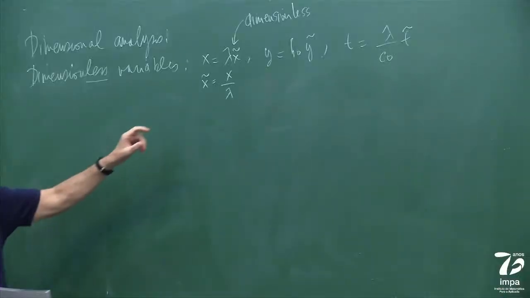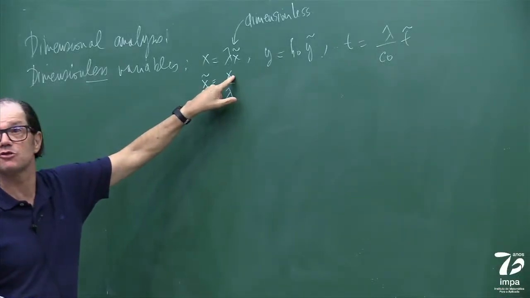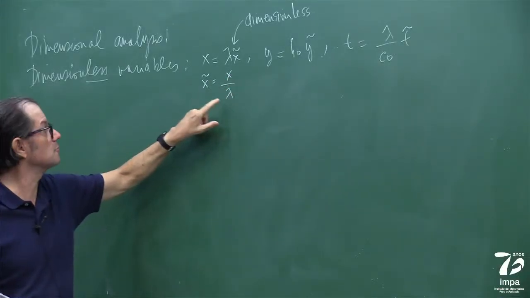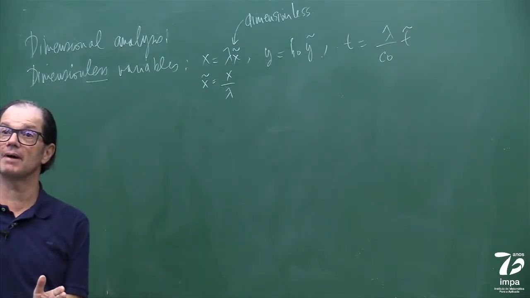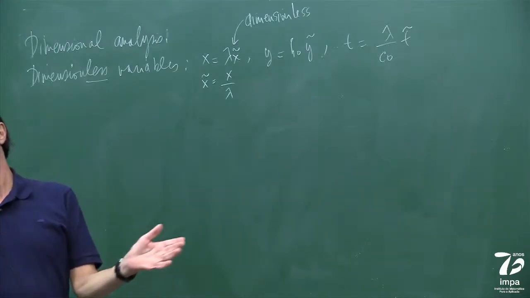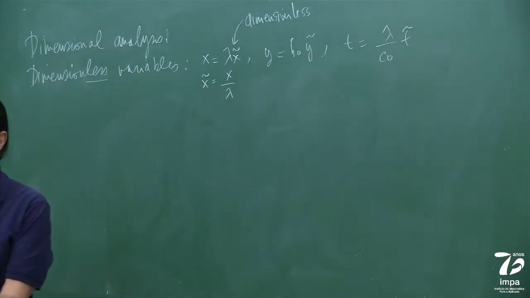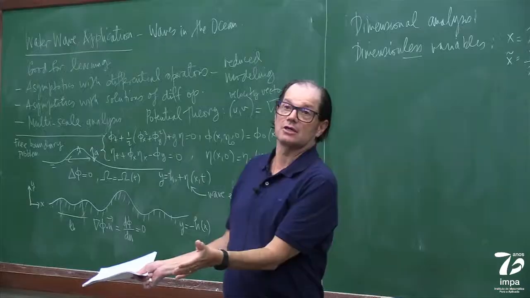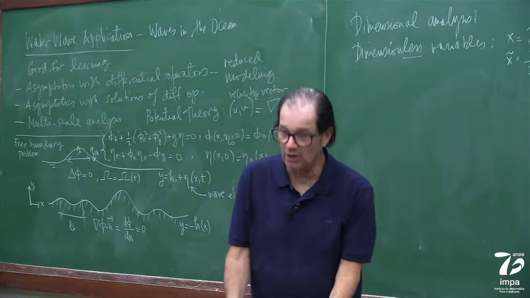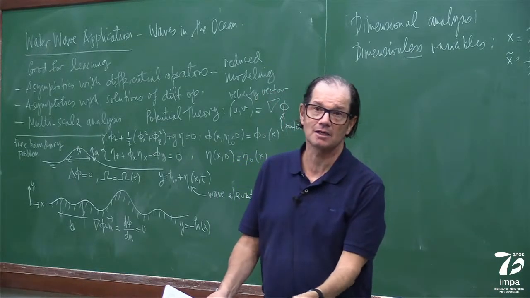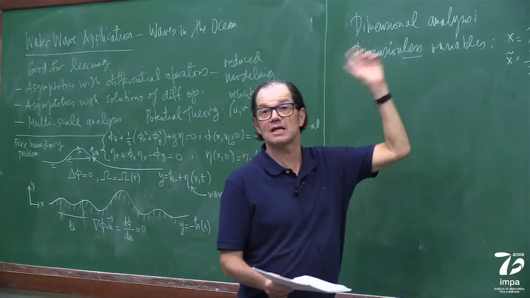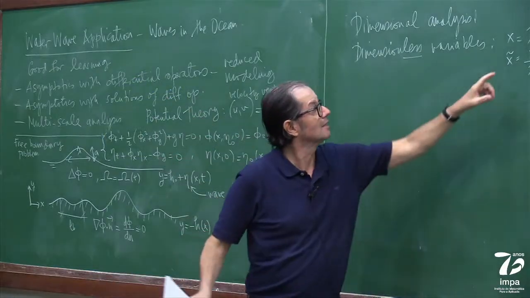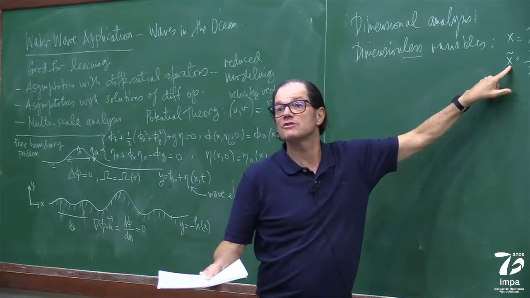Because as X runs from 0 to 100 kilometers, and I divide by 100 kilometers, this is now dimensionless, and I've normalized my typical length. If my problem is a tsunami problem, my typical length is 100 kilometers. If my problem is like waves, as I've been jokingly saying in the bathtub, it's 10 centimeters. But then it doesn't matter. If it's 10 centimeters or 100 kilometers, X tilde varies from 0 to 1.